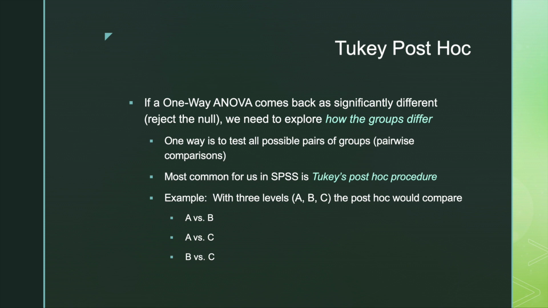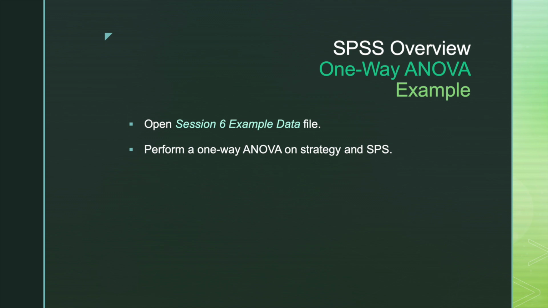We're lucky that SPSS does this for us in the one-way ANOVA through the Tukey post-hoc procedure, where it basically compares all the different levels of the independent variable for us to see where exactly there is significance, if there is significance. So let's try this out to make sure that you can do the one-way ANOVA.